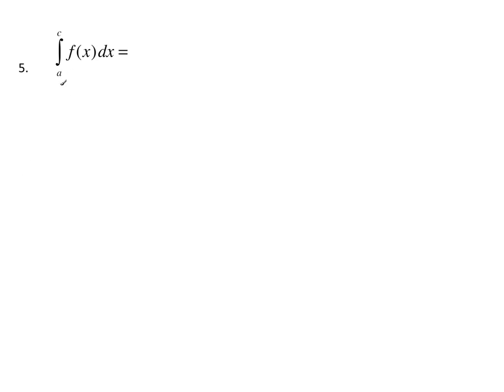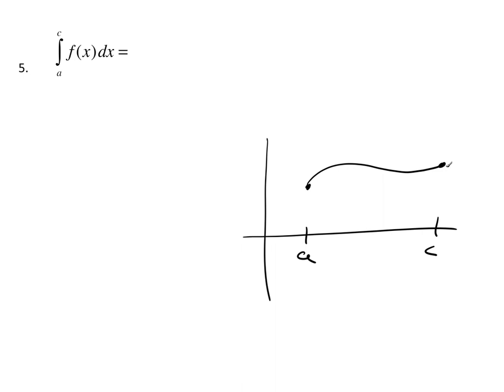Now, the integral from a to c of f of x dx is equal to, well, let me draw you a picture first to make sure it makes more sense if you see where we're going. If I think of this as area under the curve, the integral from a to c is going to be all that.